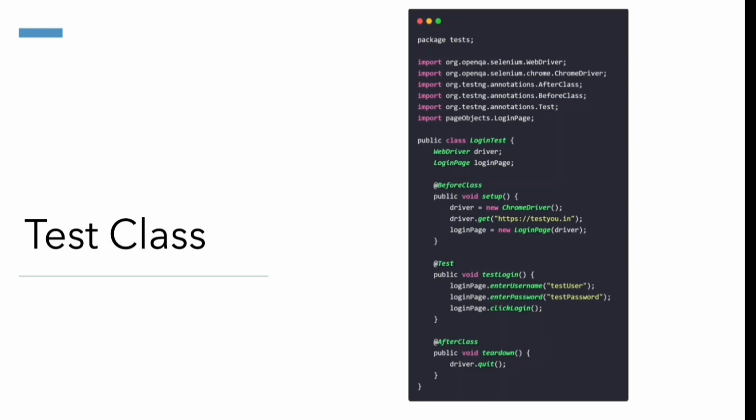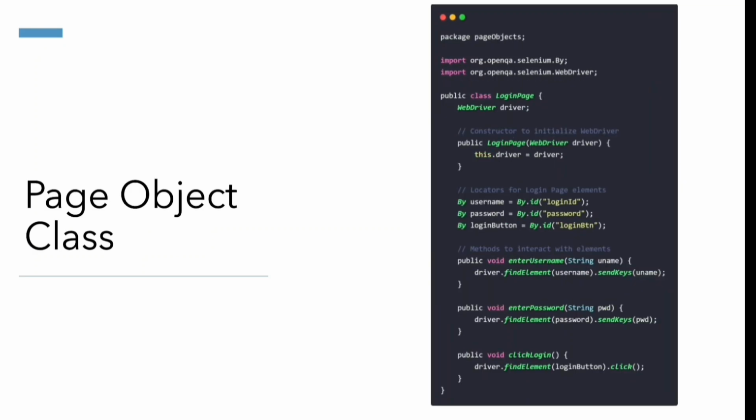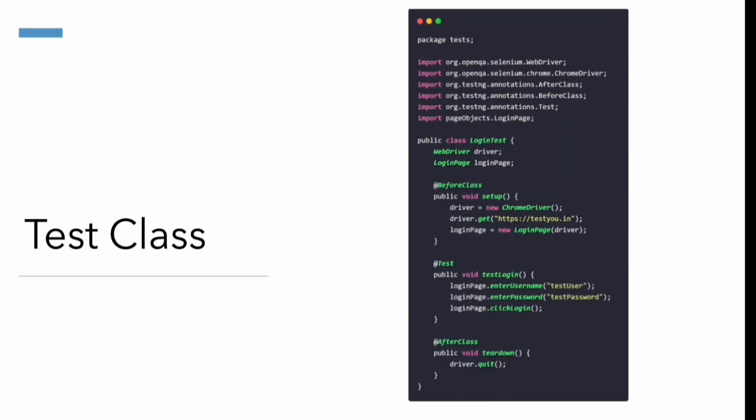Test class in the sense that here our main code will be written. So see, here I have created the login test one class. Inside that class I have initialized the WebDriver and the login page, because in this example I have created the login page as a class, so I need to initialize it here.